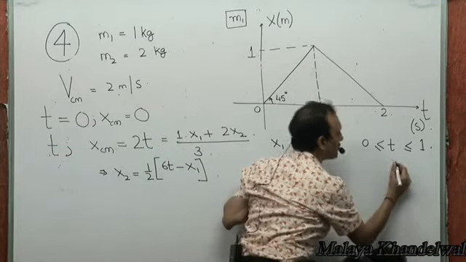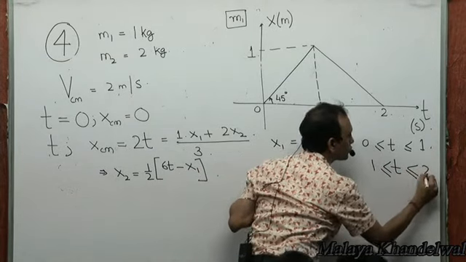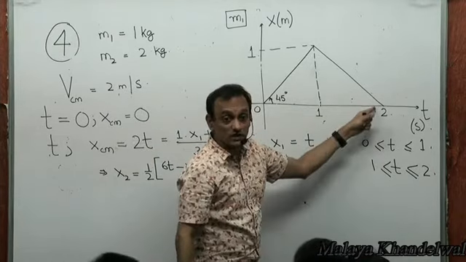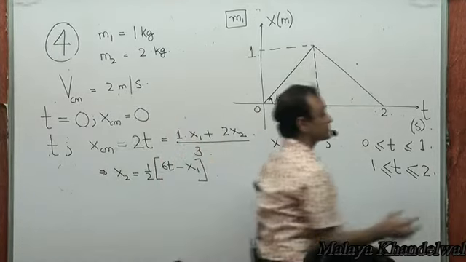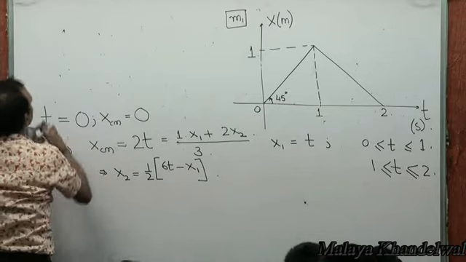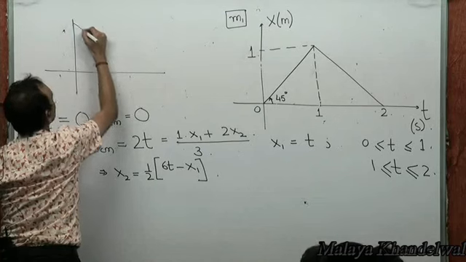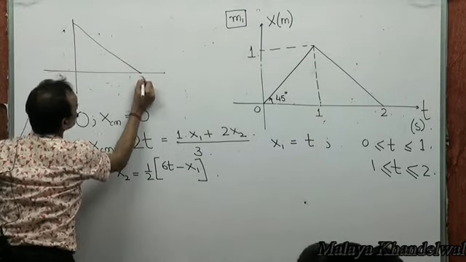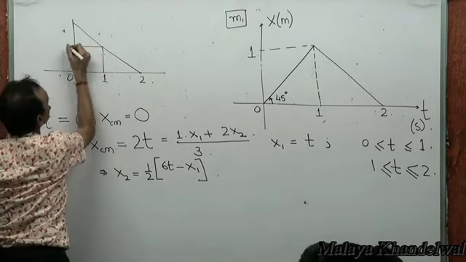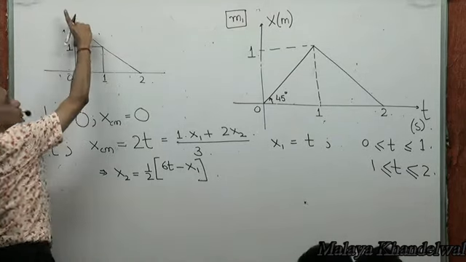Now for t lying between 1 and 2, the equation of this line will be x1 as a function of time. And notice that if this is 1 unit, then if you extend this, this will also be 1 unit.